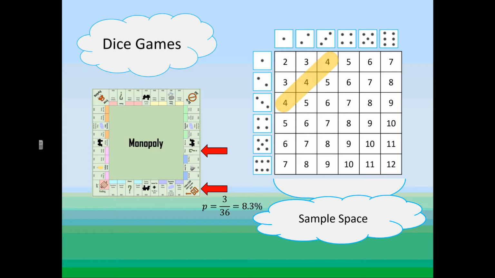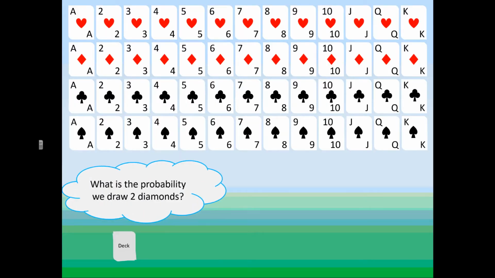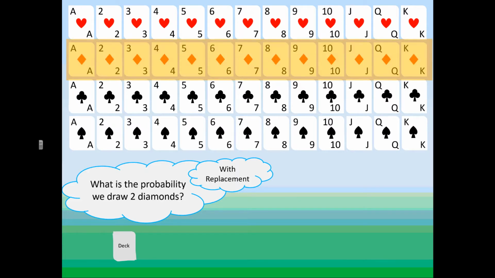We then talked about other probabilities dealing with board games and rolling dice. That was to get us ready for what happens when we draw 2 different cards, and what's the probability that we draw 2 diamonds. We had to discuss with replacement. With replacement means that when we pull a card, we actually put it back, so our second card could be our first card.